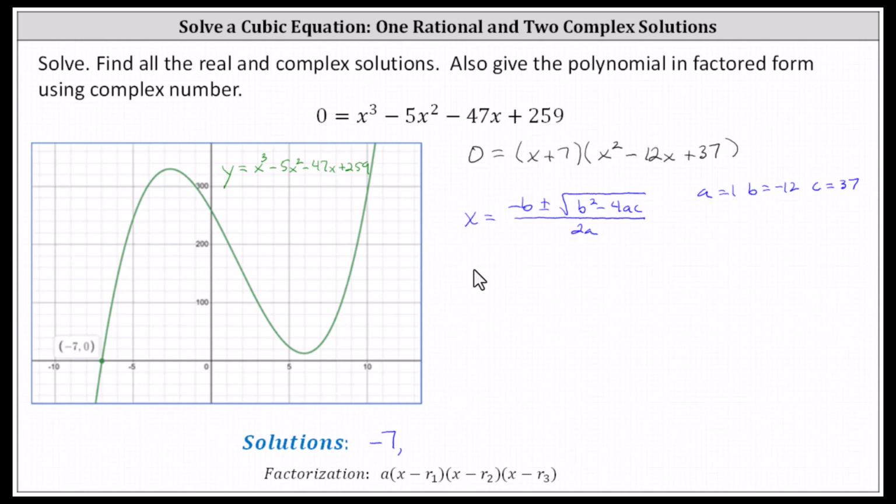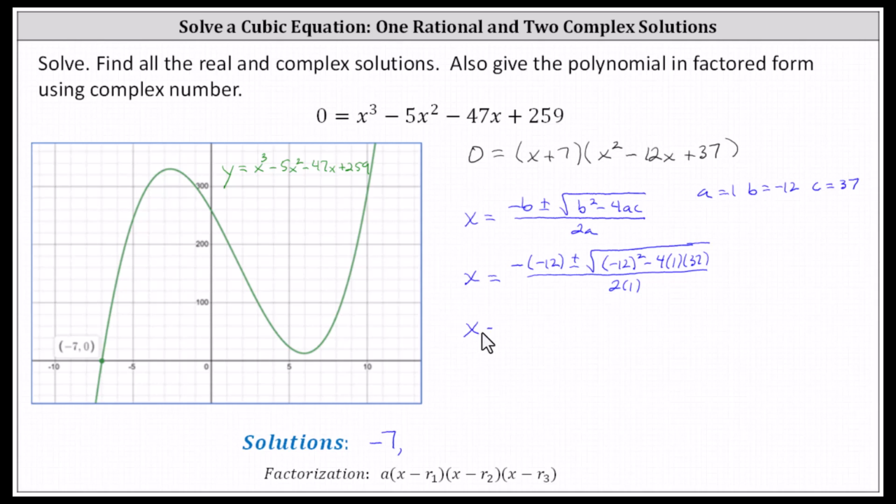Performing substitution, we have x equals negative b, which is negative negative 12, or the opposite of negative 12, plus or minus the square root of b squared, which is the square of negative 12, minus 4ac, which is minus 4 times 1 times 37, and all of this is divided by 2 times a, which is 2 times 1.